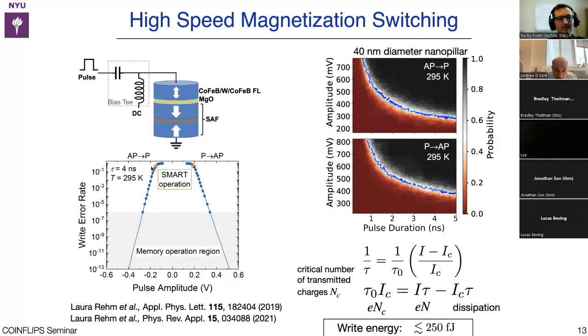What we're going to do is operate up here at 50%. That's where we're going to operate a device to generate random bits. So that's the game here, to use the angular momentum to generate the random bits, but operating devices that would be similar to those that are used in memory. The main thing is we lower the energy barrier a little bit, so we don't have to apply as much energy. We don't need the stability over long periods of time for these kinds of devices.